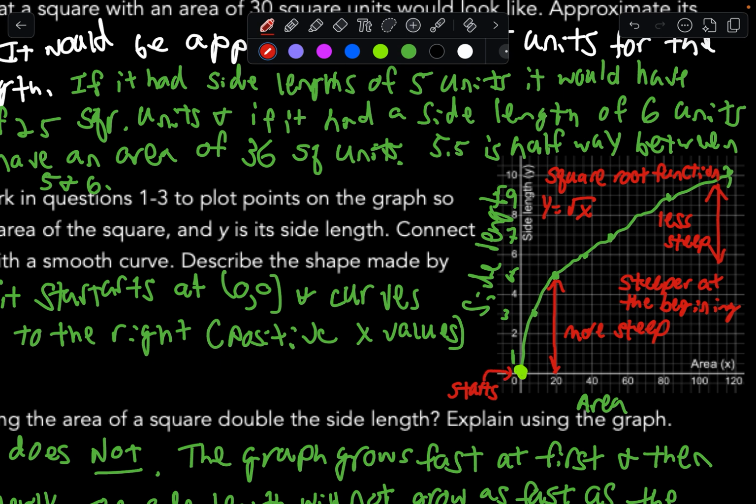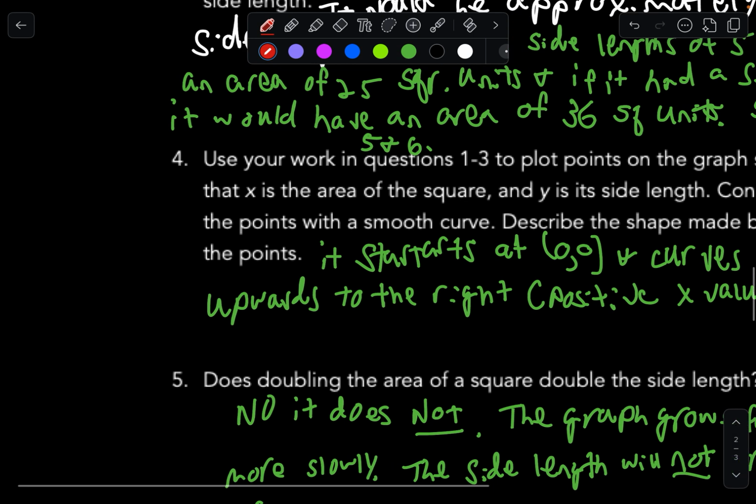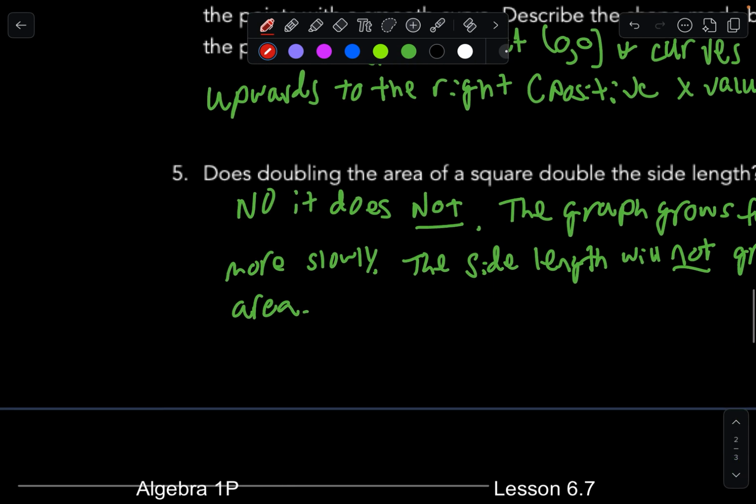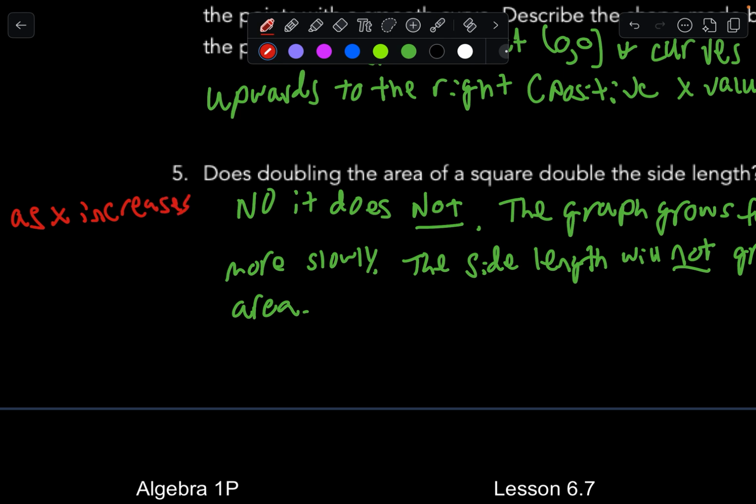It's at 0, 0. Then you're going to start to see, as we do this, how the graph will move around. The shape will not change, but the starting point will. Also, as x increases, the graph grows more slowly. It slows down.